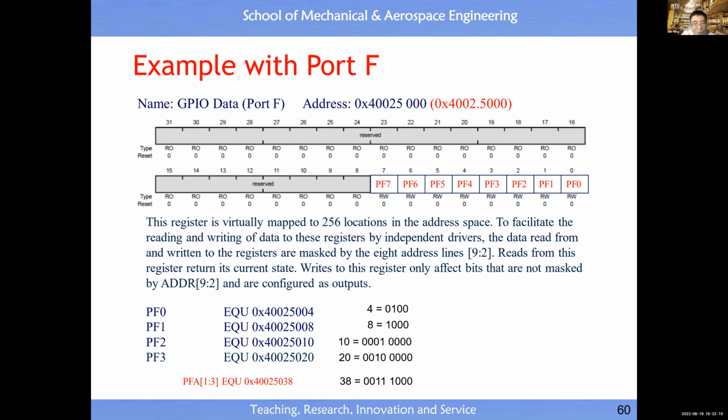So then you see, if let's say I will only enable the data bit connected to pin 2 of port F to flow in, flow out, then you must write in this 10 hexadecimal. 1 corresponds to 0001, and the 0 means 0000, all right, etc. But you can mix them together, all right? If let's say I allow the data bits connected to pin 1, 2, 3 to flow in, flow out, then you must write the 38, 3A or 3A too.